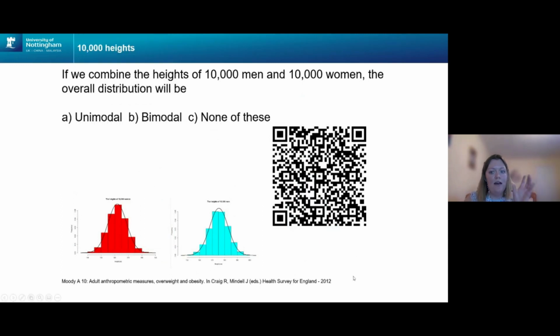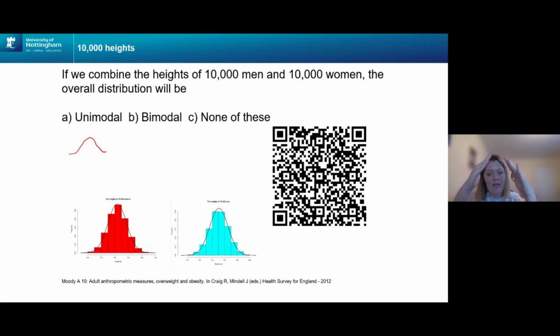So say that we have the heights of 10,000 men and 10,000 women. We know both come from a normal distribution. If we had the 20,000 heights, which is the heights of the 10,000 men and the 10,000 women, and we plotted these 20,000 heights onto a histogram, do you think the overall distribution will be unimodal, which means will it be similar to the ones for the separate men and women?